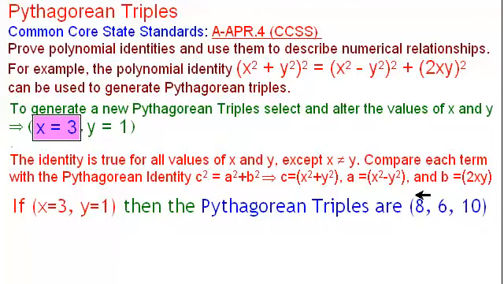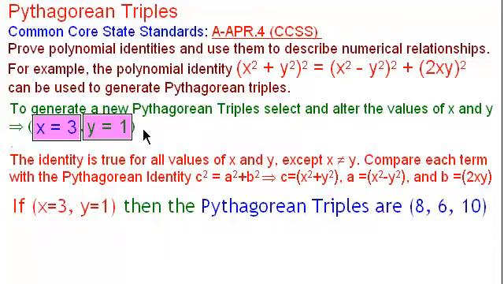Let us say I change it to 3, so I get another triple, which is 6, 8 and 10. If I continue changing the value of x, again 4, I get 15, 8 and 17, or we can say 8, 15 and 17.